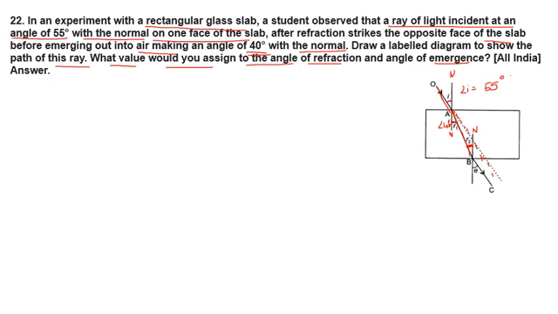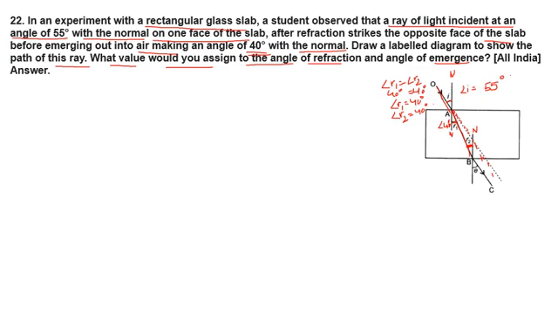We know that alternate angles are always equal. So r1 is 40 degree, and r2 will also be 40 degree. r1 is equal to r2, because they are interior alternate angles, right?